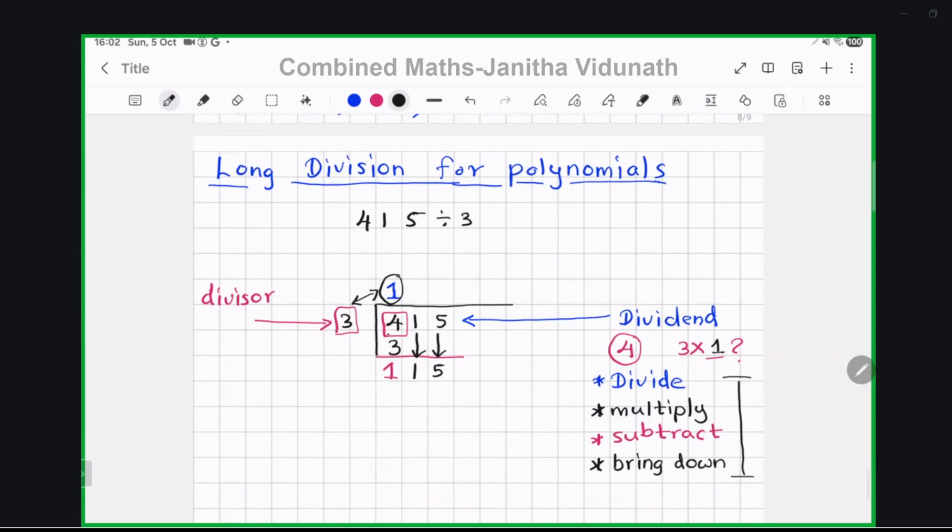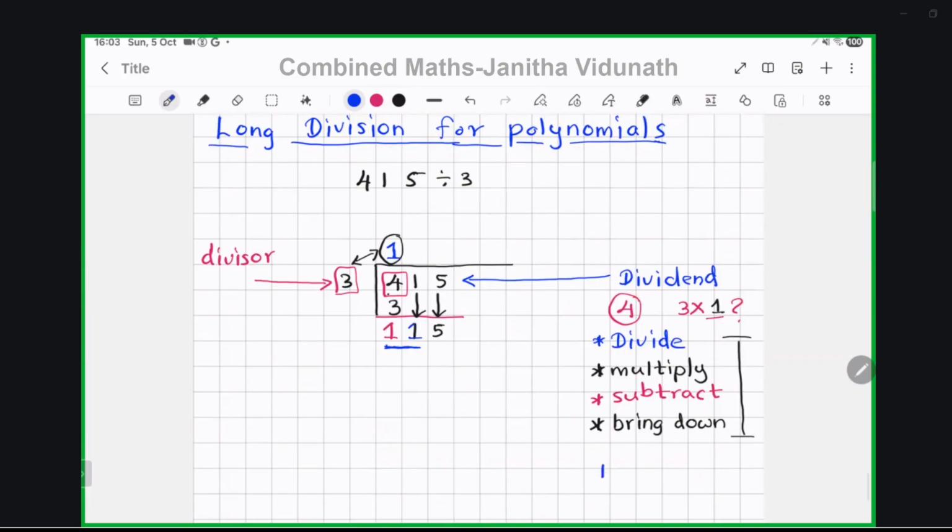Now again we repeat the same pattern. We need to compare the first number to see whether we can divide by 3. If we cannot divide by 3, then we compare the first two numbers. Here the first two numbers are 11.